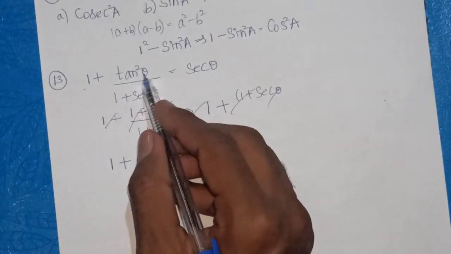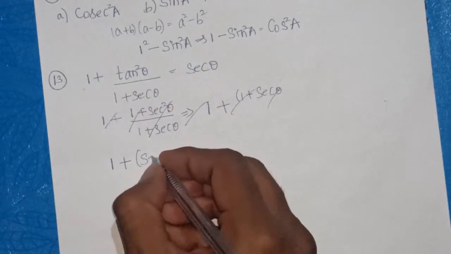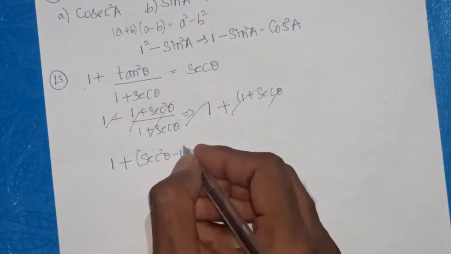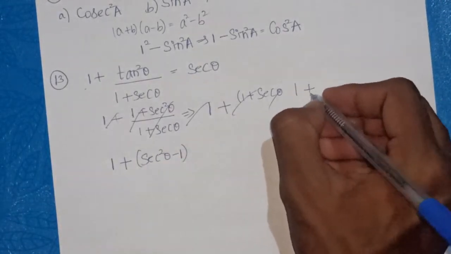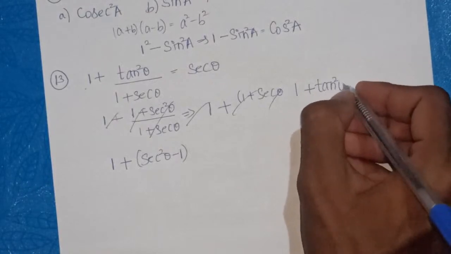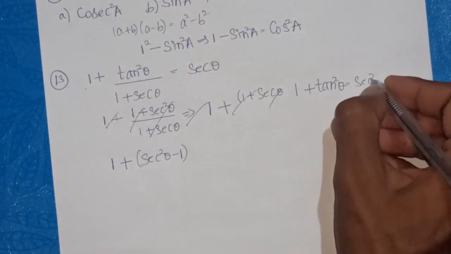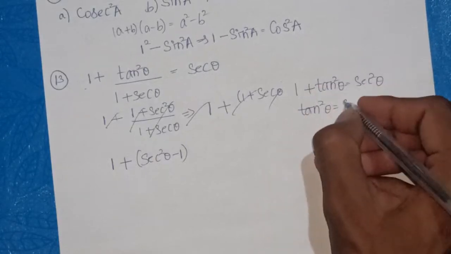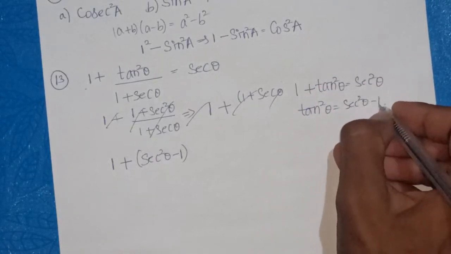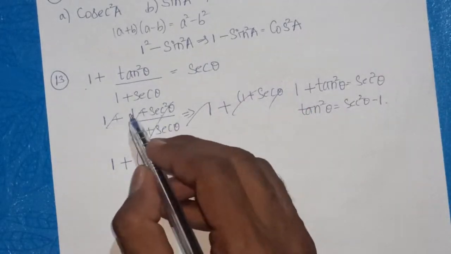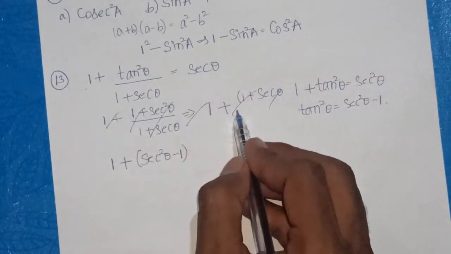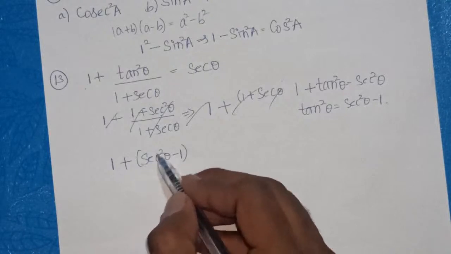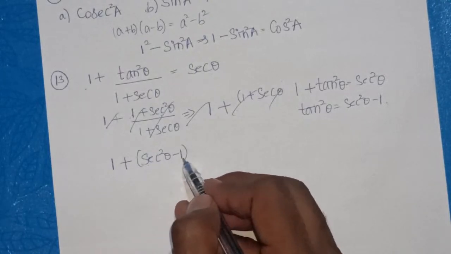Tan square theta can be written as secant square theta minus 1, because 1 plus tan square theta is equal to secant square theta. To get tan square theta, we need to send this 1 to that side, so secant square theta minus 1. Here we had made secant square theta plus 1, so we were getting the answer wrong. The correct identity is secant square theta minus 1.